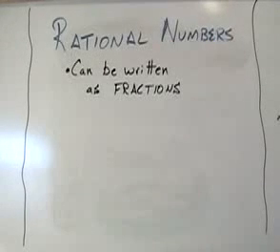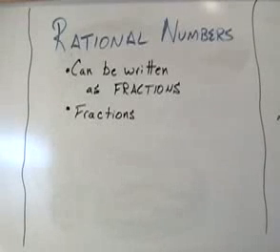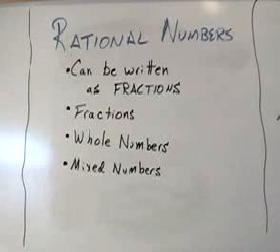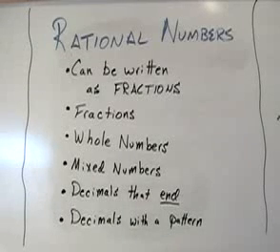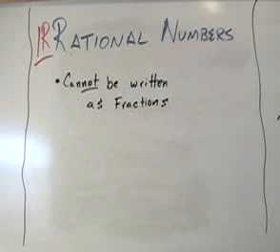So let's review what we know about rational numbers. Rational numbers can be written as fractions. Examples of rational numbers are fractions, whole numbers, mixed numbers, decimals that end, and decimals that have a pattern. And now irrational numbers. These are values that cannot be written as fractions.